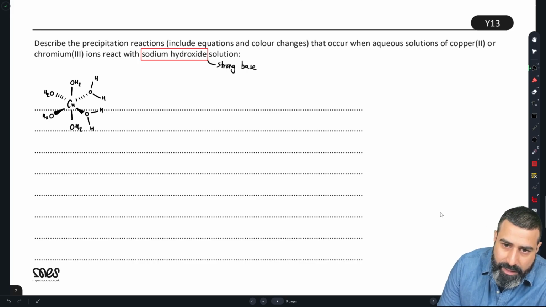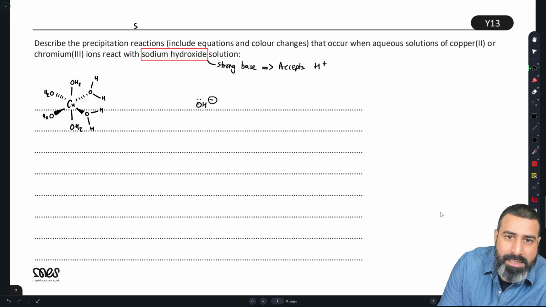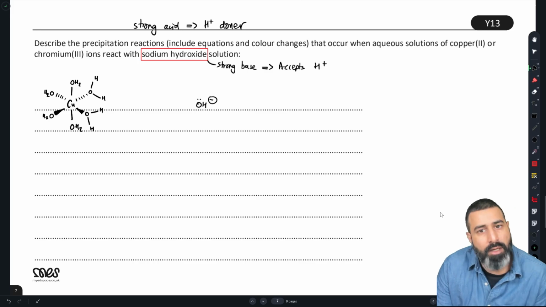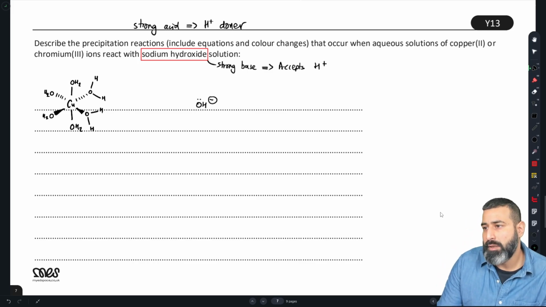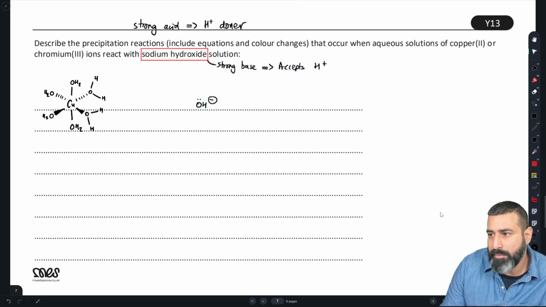And what happens is, my strong base comes along, and the definition of a strong base is that it accepts H+. And while we're there, let's have a look at the definition of an acid. An acid is defined as an H+ donor.